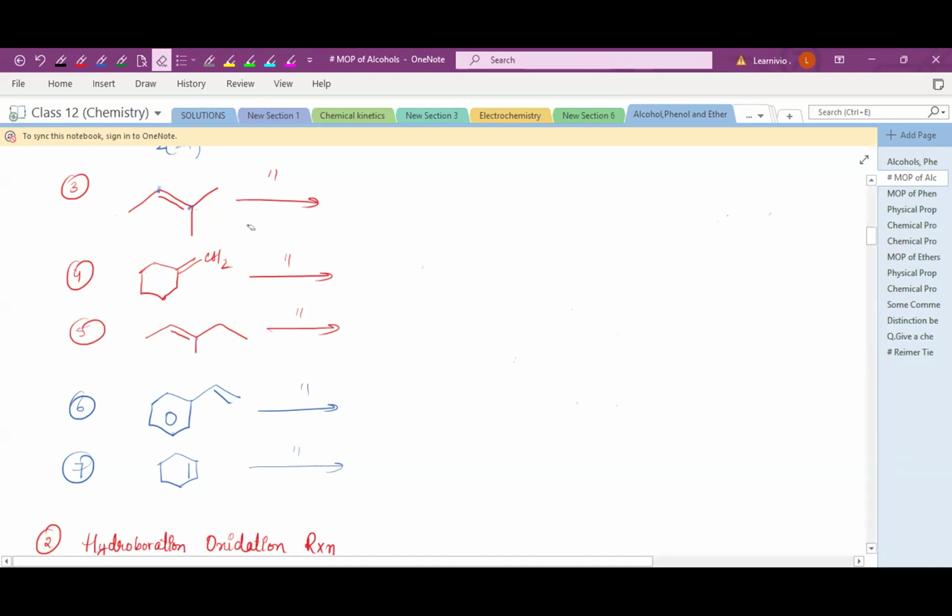Yes, done. Okay, what about the third one? Suppose this is your A position, B position. So where will you attach the OH? B position. You get this product.